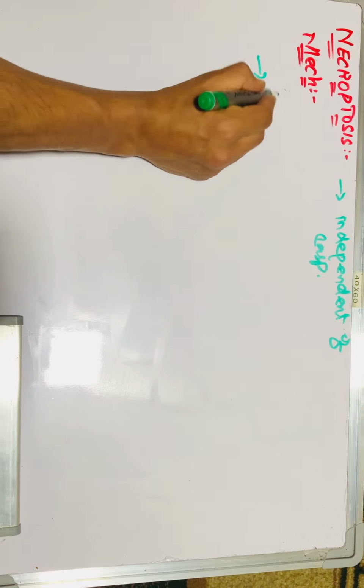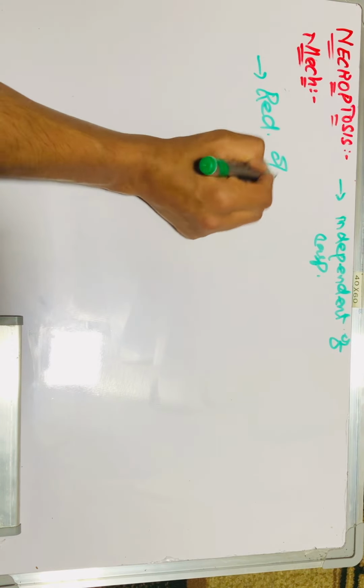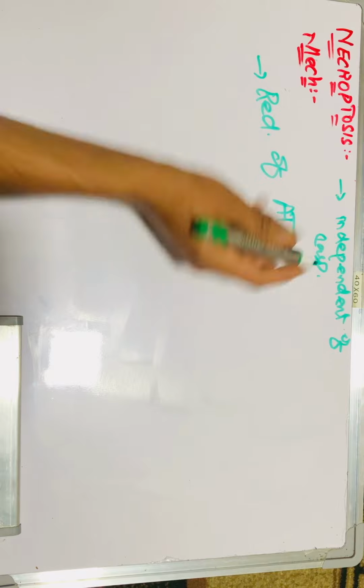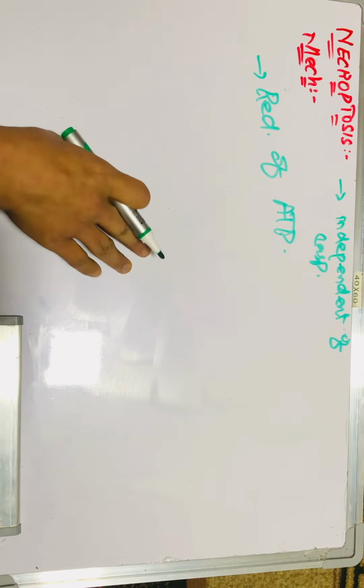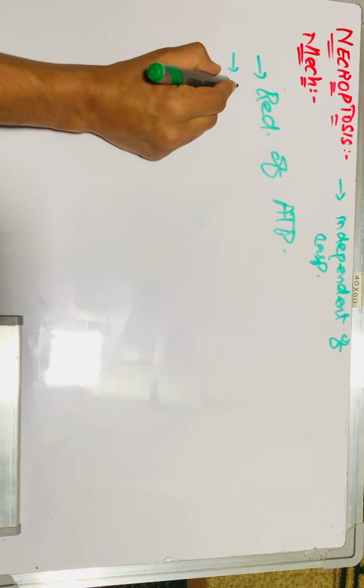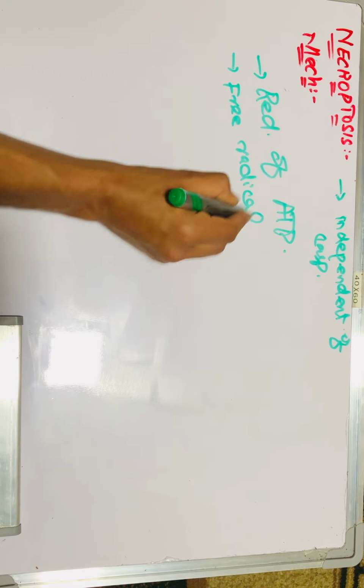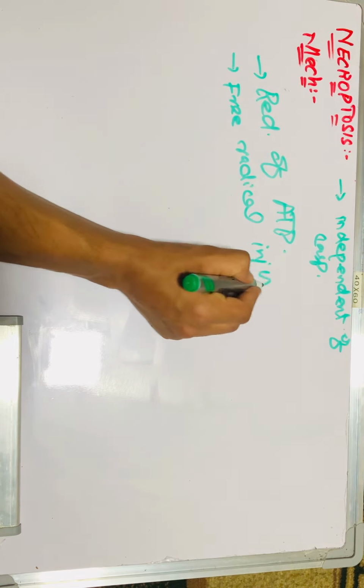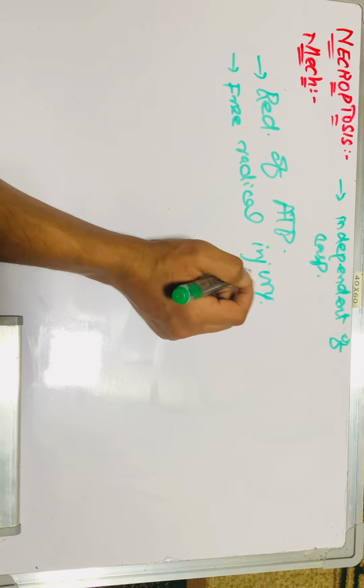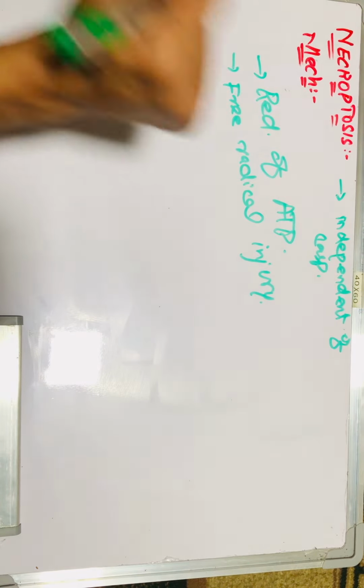Also there will be reduction of ATP because of damage to the mitochondria. As a result, free radical injury will occur because there will be the production of ROS, reactive oxygen species.